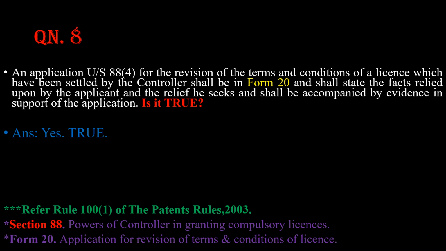Please refer Rule 100 Sub-Rule 1 of the Patents Rules 2003. Section 88 has the title Powers of Controller in Granting Compulsory Licenses, and what is Form 20? This is application for revision of terms and conditions of the license. Actually, friends, why I'm repeating these things so many times, just to set them in your mind.